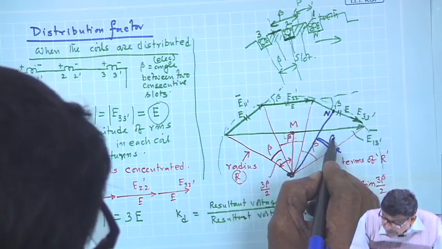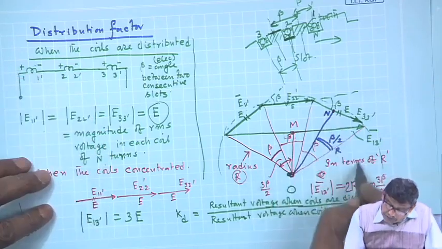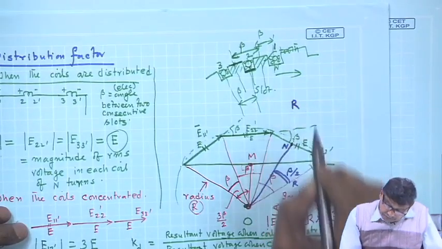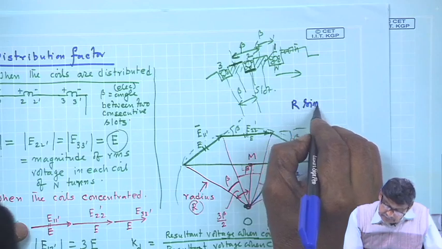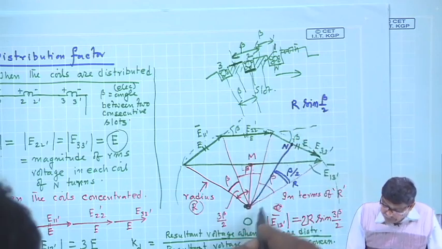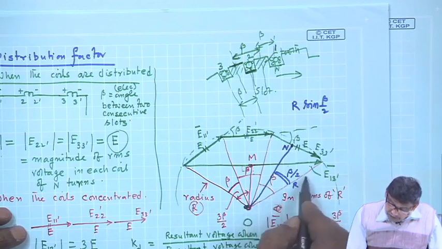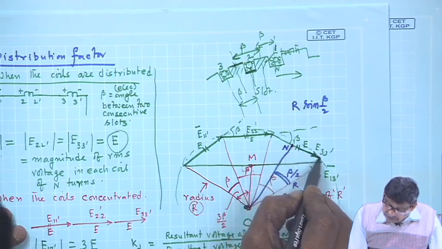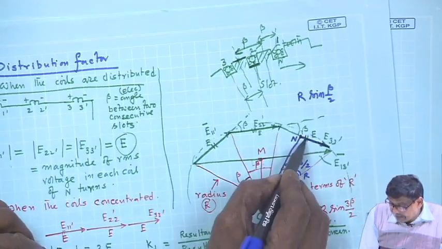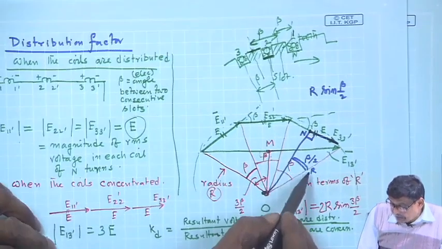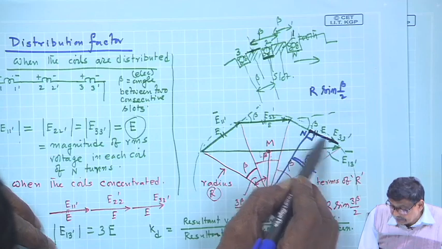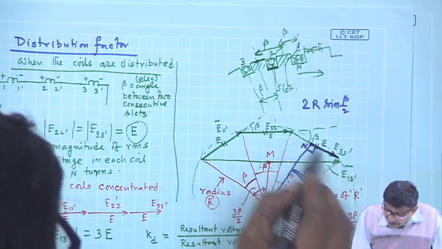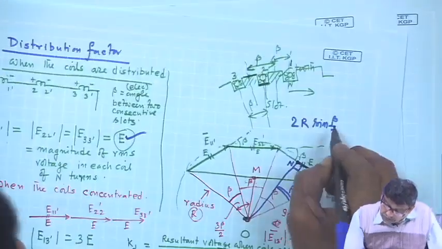So, from this small triangle, R sin beta by 2 is this length. It is a right angle triangle. 2 times that is this length, which I have assumed to be E. So, this is equal to E.